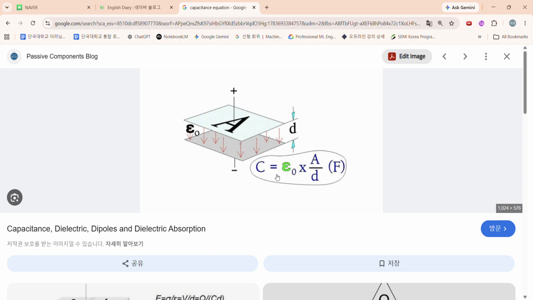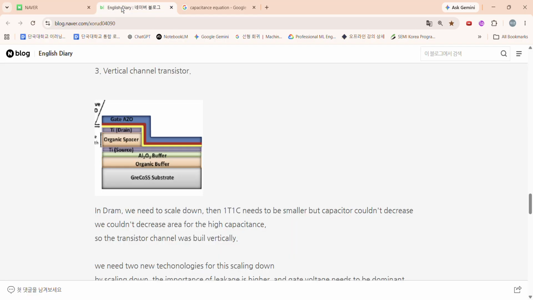So we need to increase the capacitance. So we need to increase area. So it is impossible to increase area for scaling down.